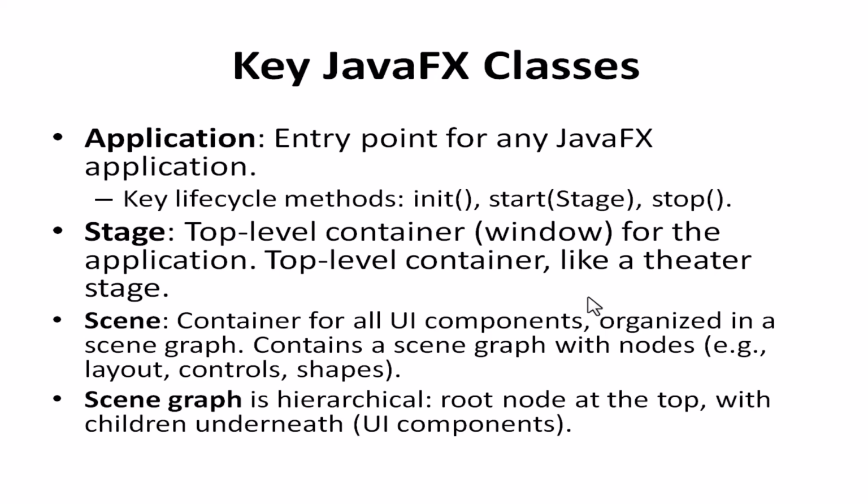Scene. It is the container for all user interface components organized in a scene graph. It contains a scene graph with nodes, for example layouts, controls and shapes. We have different layouts, for example flow layout, grid layout, box layout, border layout, and so on.